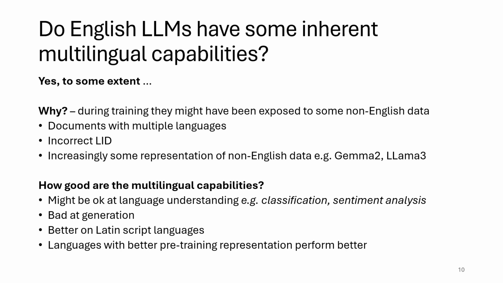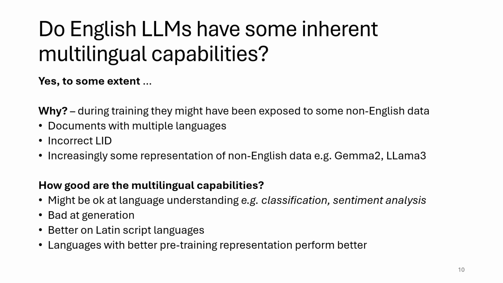But then are these transferable to other languages? And so as I said, they are to some extent. And why is that so? One, because during training, they might have been exposed to some non-English data, because you might have documents that are written in multiple languages, English plus some other language, and these might be part of the training mix.